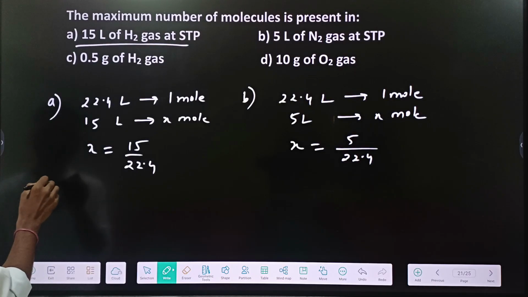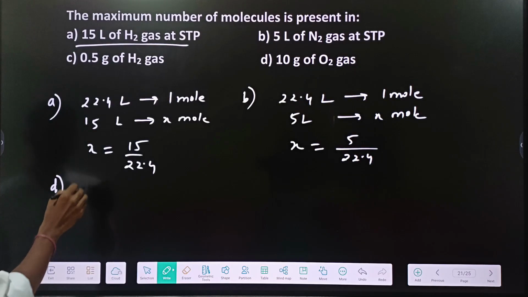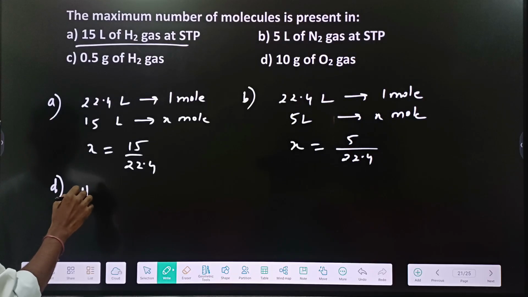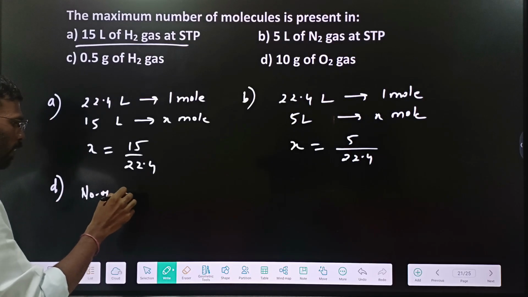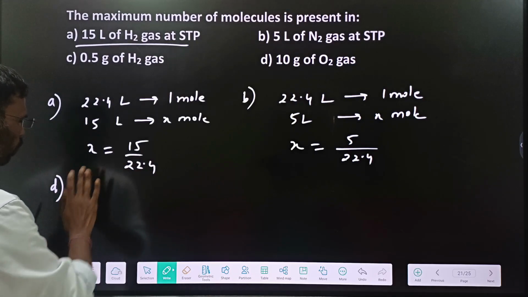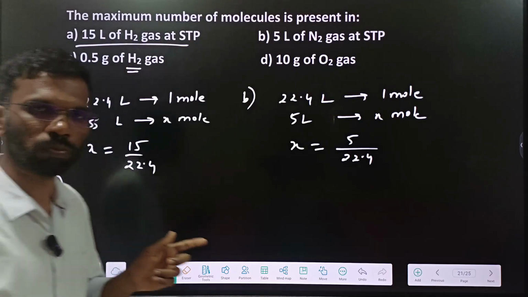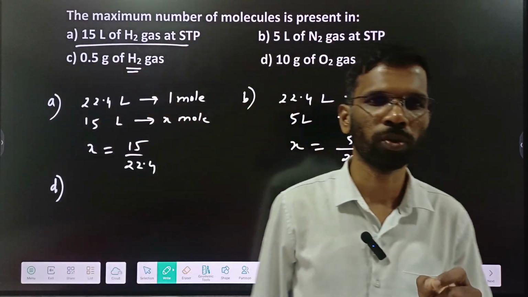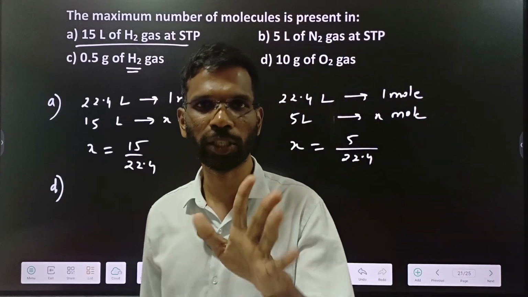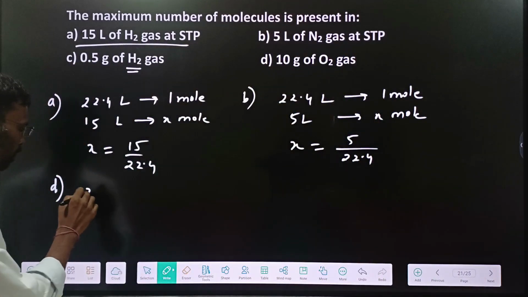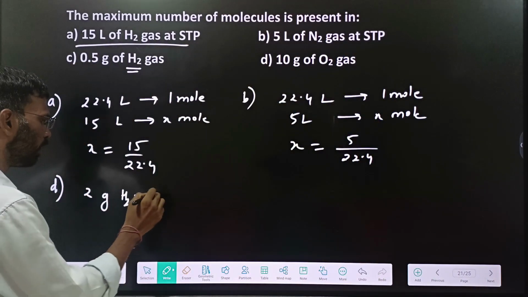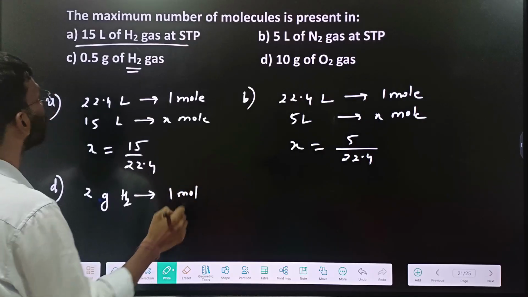0.5 gram of H2. So how do you find the number of moles of H2? Okay, cross multiplication, not going into the formula. We know the molar mass of H2 is 2. Single atom is 1, H2 is 2. So 2 gram of H2 is equal to 1 mole, right?